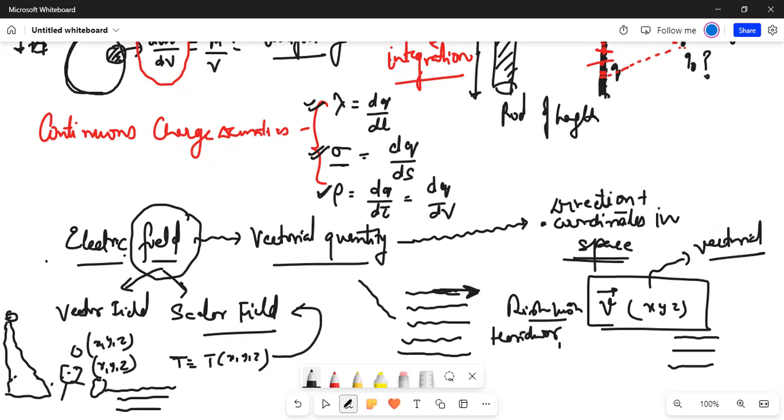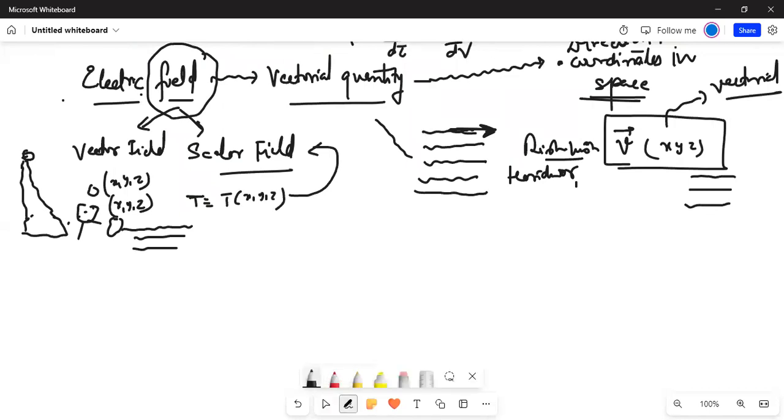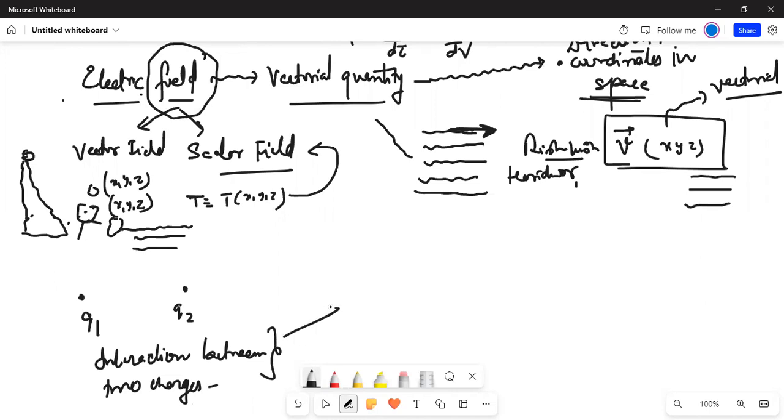Now you would think, what is happening? Whenever you have to quantify interaction between two charges, you tend to ask the question, what sort of interaction? Do you want a scalar description or a vector description?